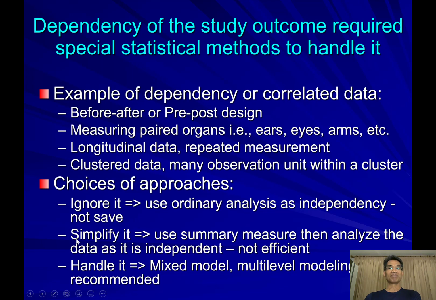Another approach is to simplify it, meaning use a summary of many measurements, summarize to one and analyze as if it is independent. This is also not advisable because it's not efficient. It means we reduce or destroy a lot of data. So we need to handle it with special statistical methods.